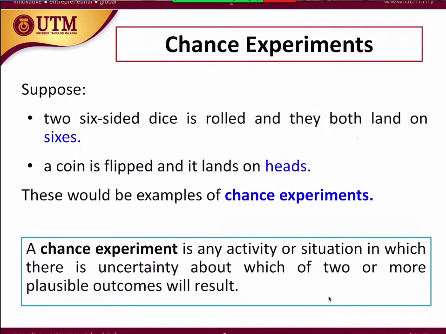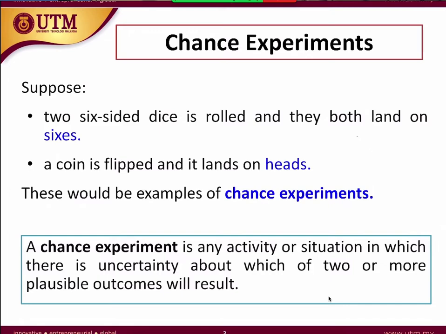The first term that you need to remember is chance experiment. So what is a chance experiment? A chance experiment is an activity or situation in which there is uncertainty about 2 or more possible outcomes that we will get.